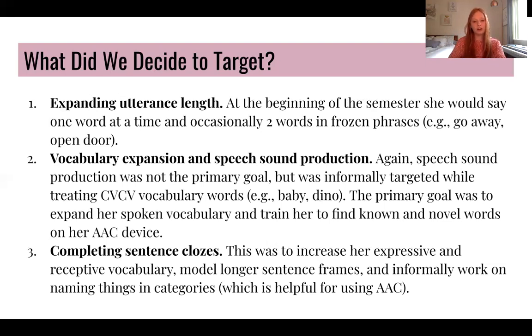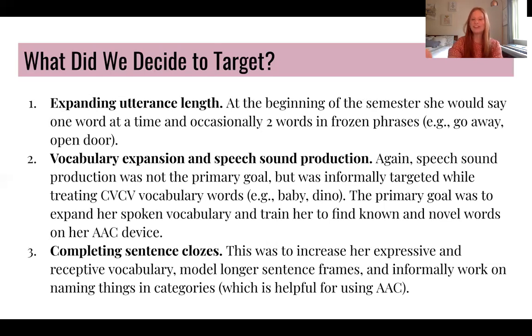And then also work on her receptive vocabulary because she would have to hear the sentence, hear taste, right? And pair that with word finding, and then also again with the longer sentence frames.